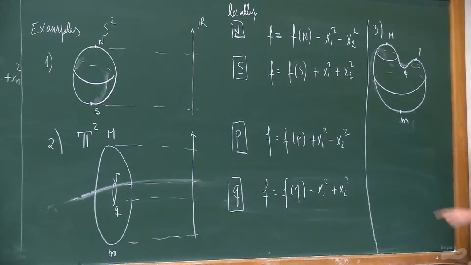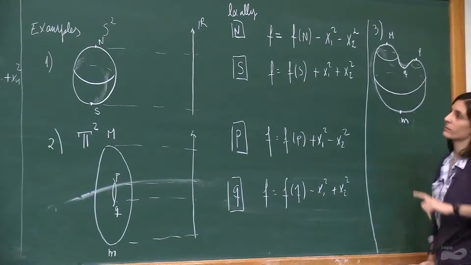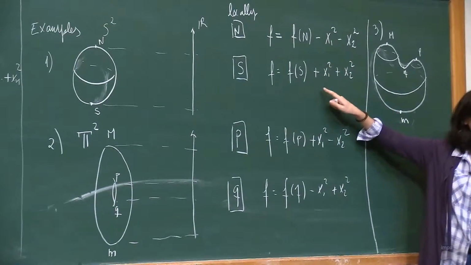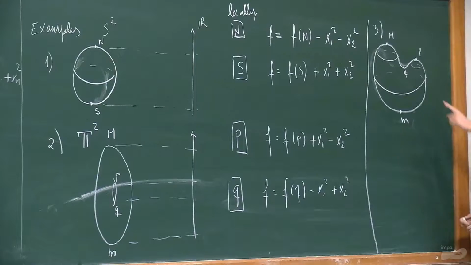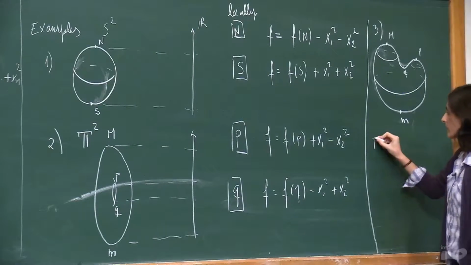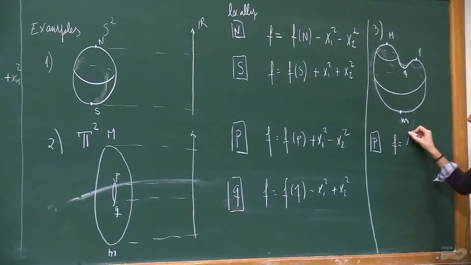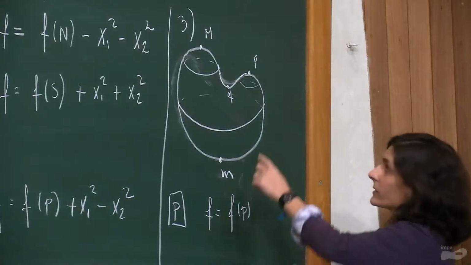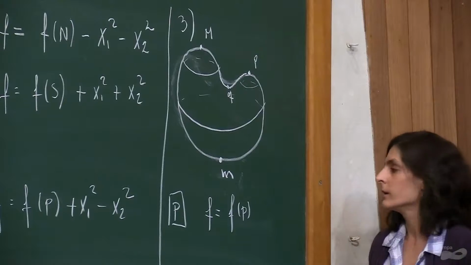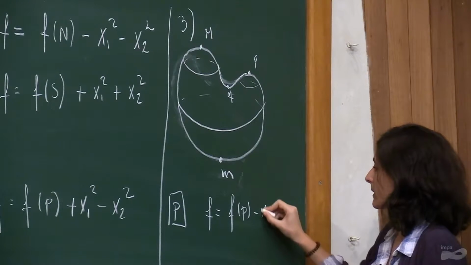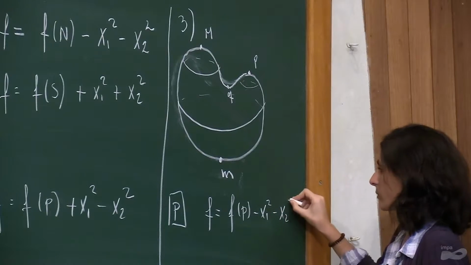Okay? So close to this maximum, it has this expression. Close to this minimum, it has this expression. So let me just say what happens close to P and close to Q. So locally, close to P, F is given by F of P. This is, in fact, a local maximum. So this is just minus x1 squared minus x2 squared.